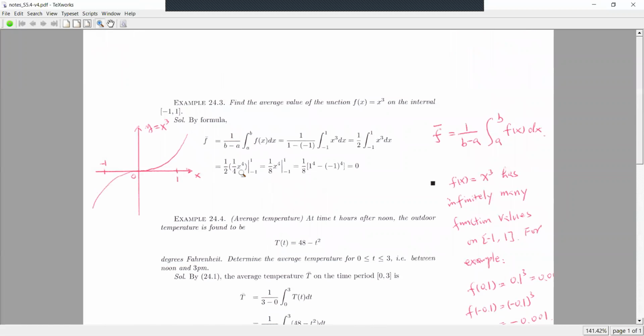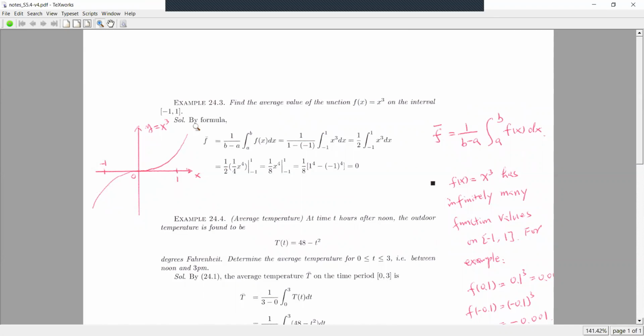So the function has infinitely many function values, but they appear in pairs with opposite signs. Because of this, I guess the average of the function values, even though there are infinitely many, should be zero. Now let me use this formula to confirm my guess.